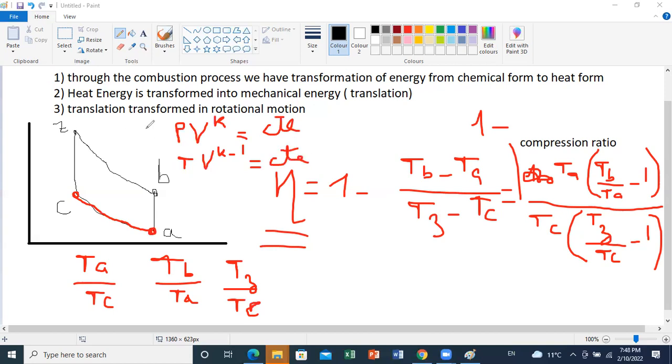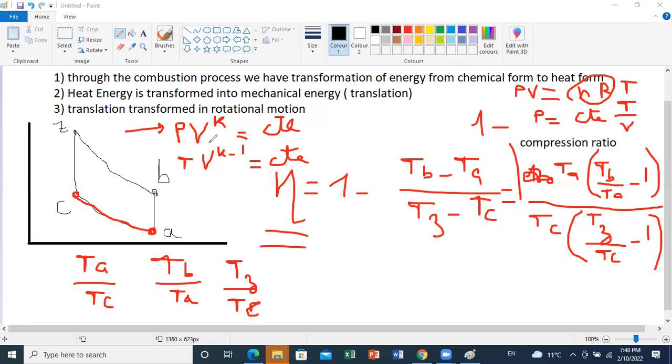If you know just that P times V to the power K equals constant, and you use the ideal gas law, the ideal gas law is PV equals nRT, okay? And we said for a certain quantity of fluid circulating, nR is a constant, okay? So pressure can be substituted by a constant times temperature over volume.